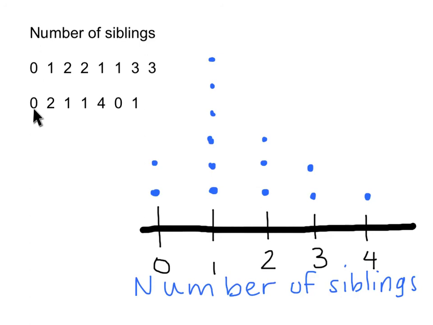I count 15. Do I have 15 dots? There's only 14 dots. There must be a missing piece of data. Can you tell me which one?